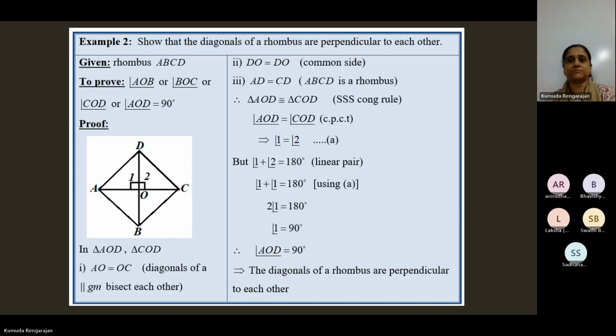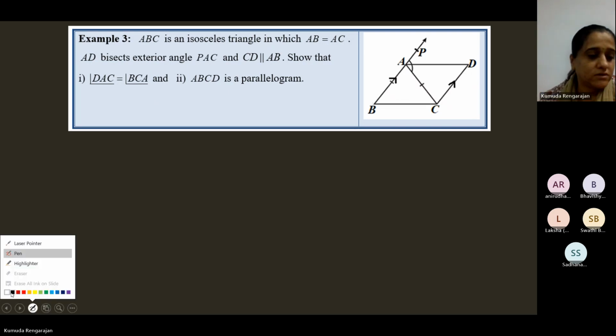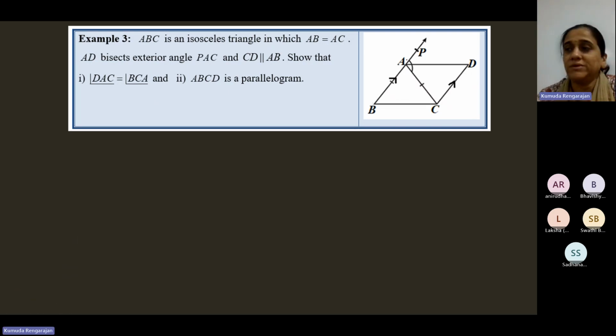All right. Okay. Next one. So in this figure, ABC is isosceles.